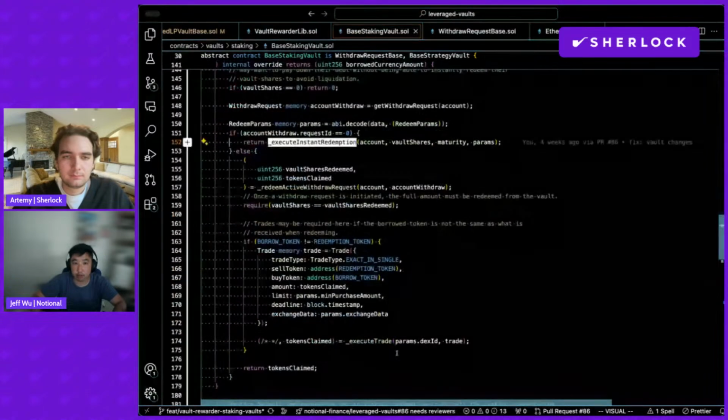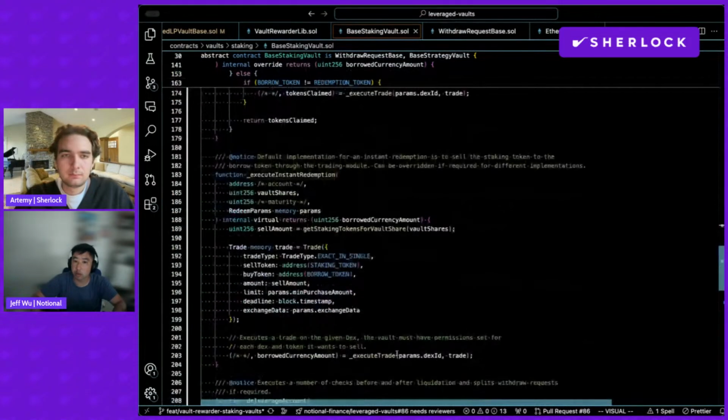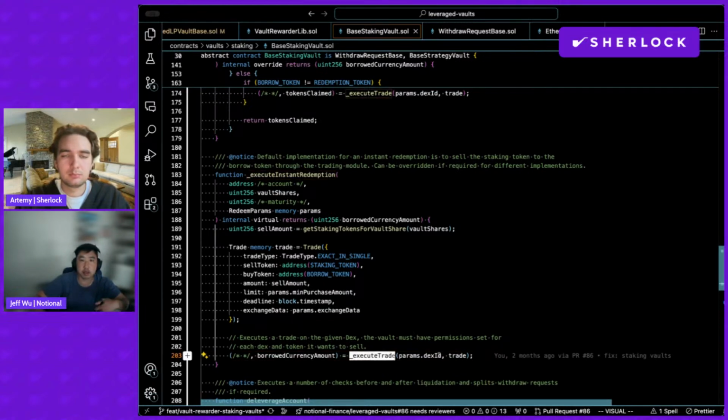In the instant redemption scenario, there's going to be a DEX that you trade your staking token out through directly. So this should be relatively straightforward. I'll just note on these trades, you'll see these execute trade methods in here.